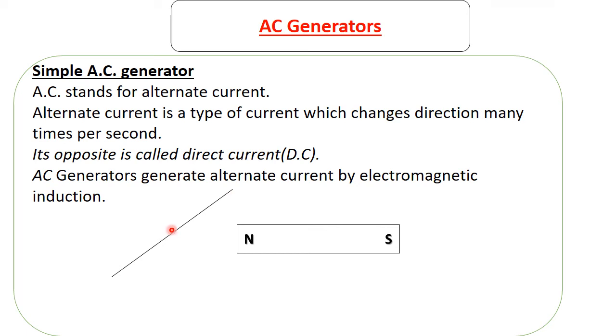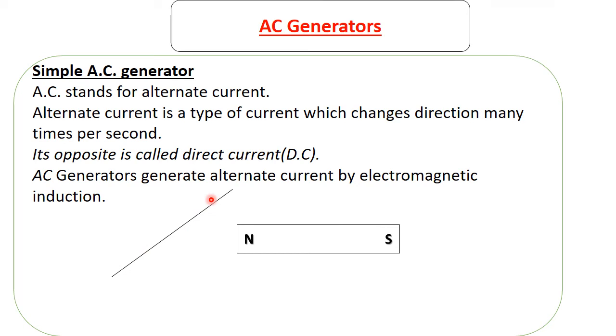The other situation is where the wire is not moving and then we're moving the magnetic field. So if this magnet is being moved, it means the magnetic field is also moving. Therefore the magnetic field is being cut by the wire, and therefore current can be induced.